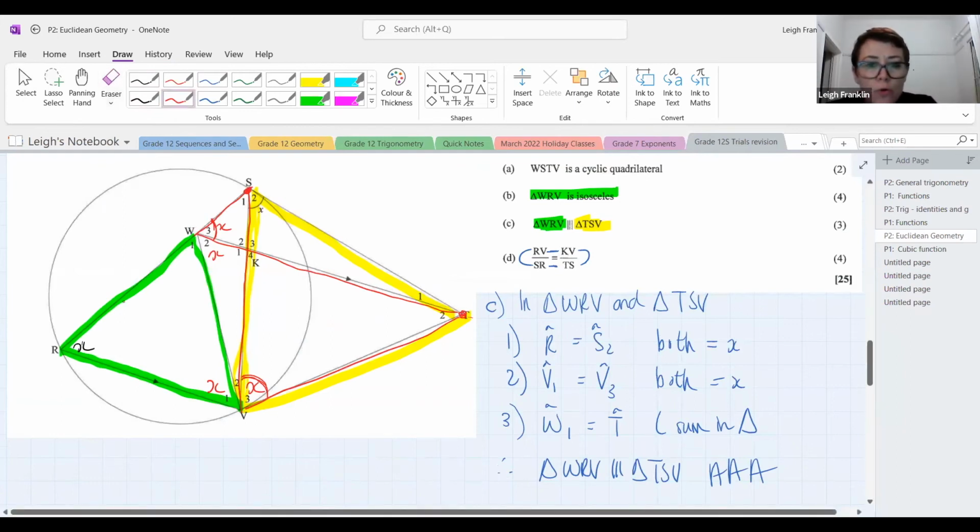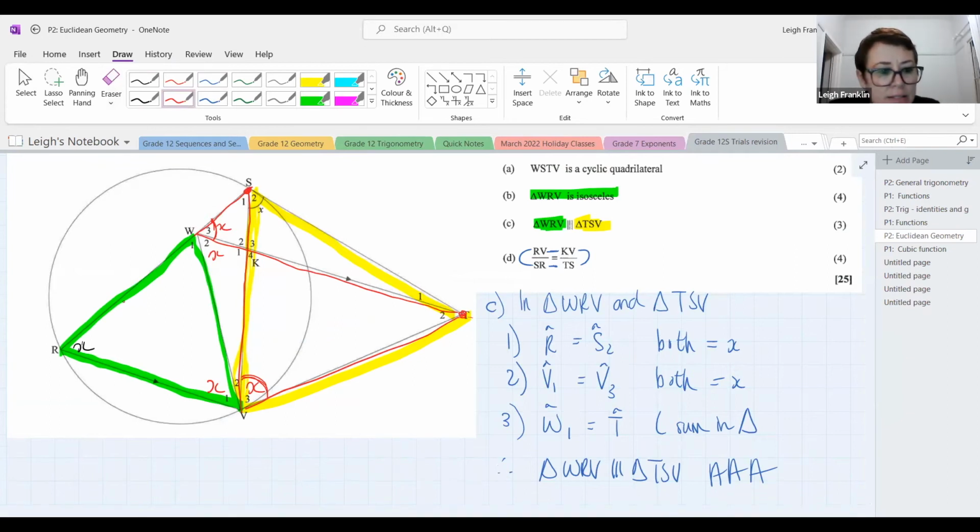Okay, so if you conclude that around here is a triangle, and around here KV, but hang on, KVTS is not a triangle.